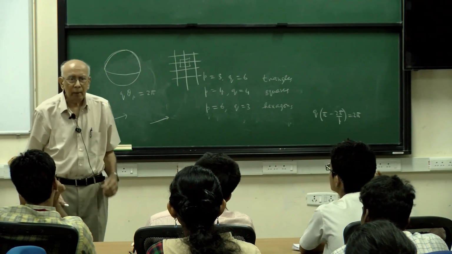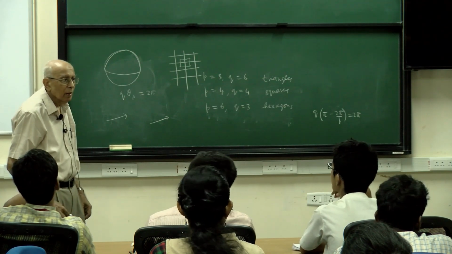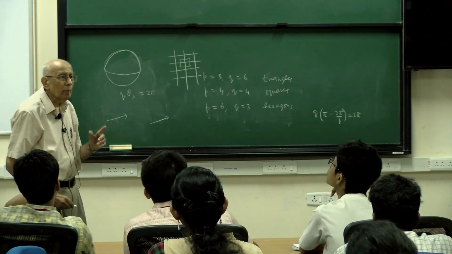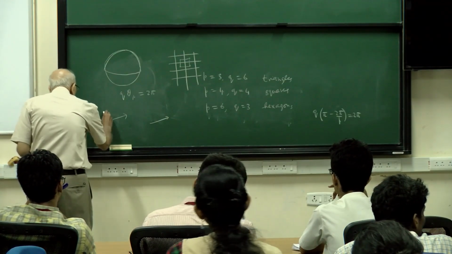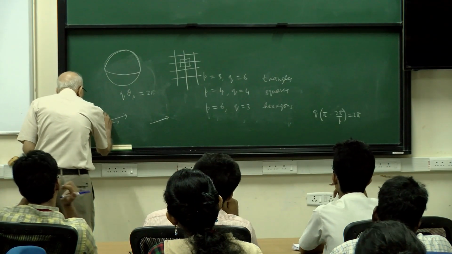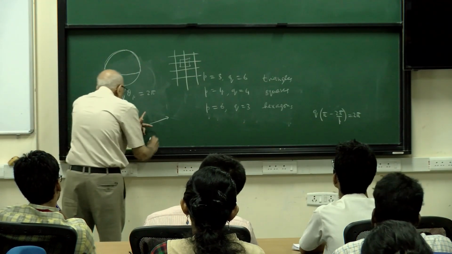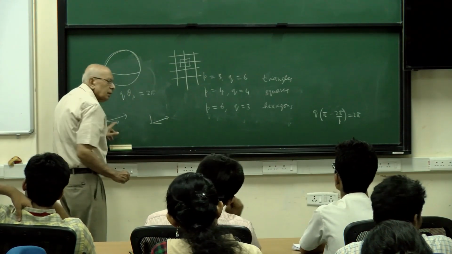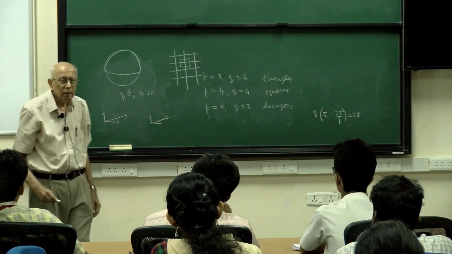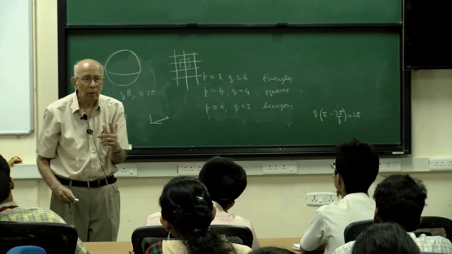I can transport geometry from one place to another. I put a coordinate axis here, xy axis here, and I rigidly transport that till I come here. And if it makes the same angle, I say these two lines are parallel to each other. I have done parallel transport of my coordinate frame from one place to another.